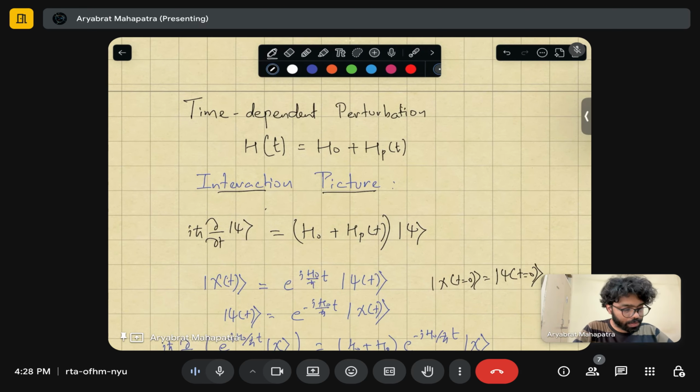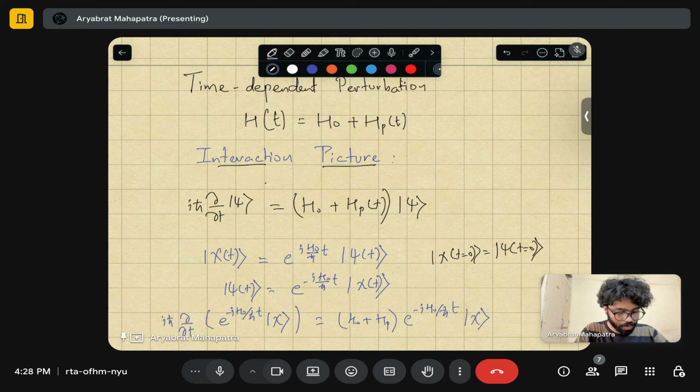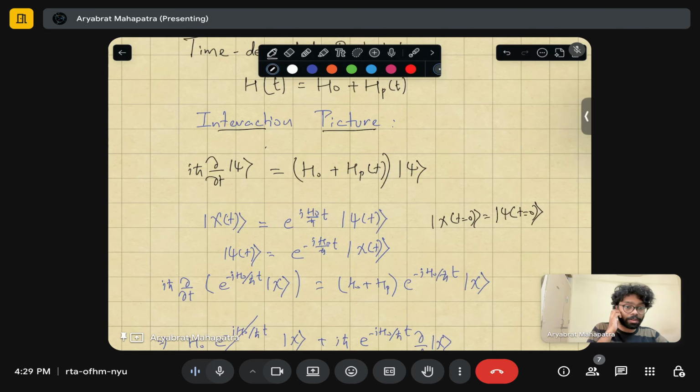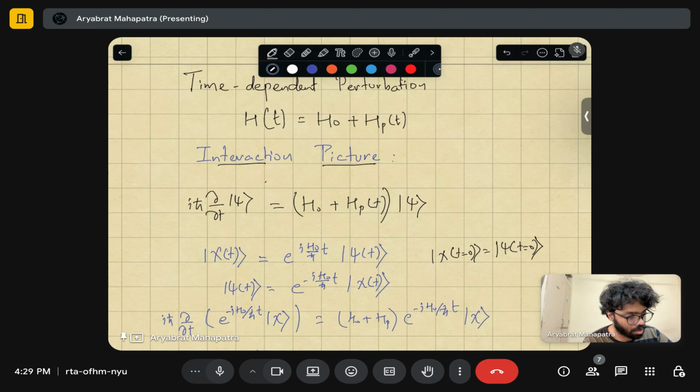So for time dependent perturbation, remember the Hamiltonians that we have discussed so far were time independent Hamiltonians, or time independent perturbation, like some H naught plus H perturbation. But now we have some time dependent perturbation.